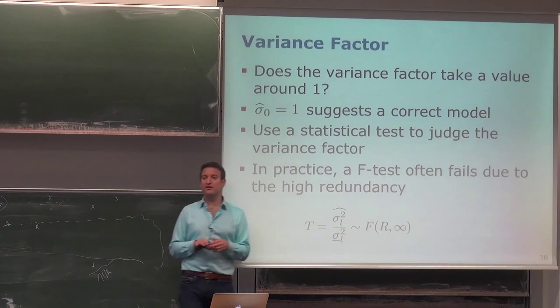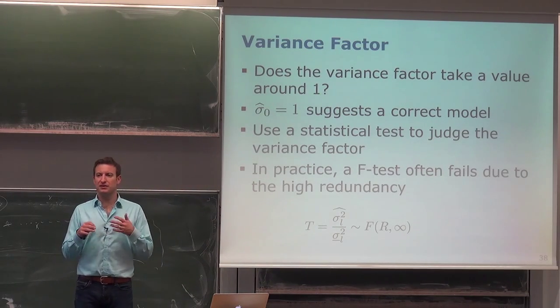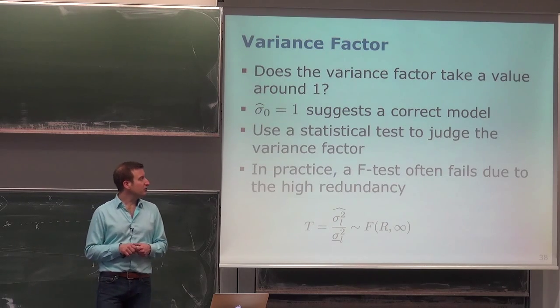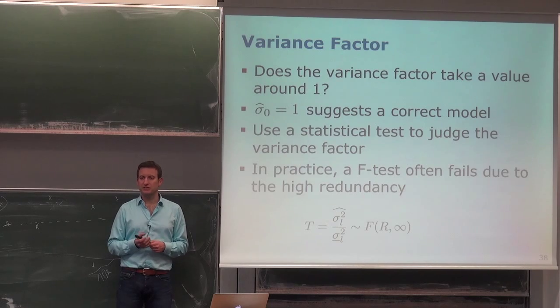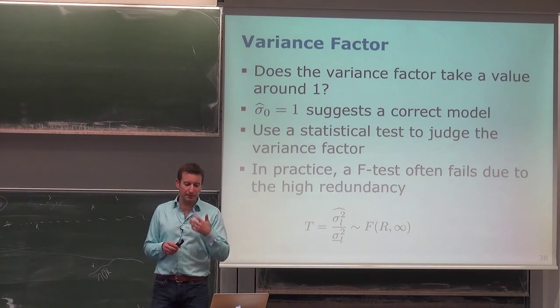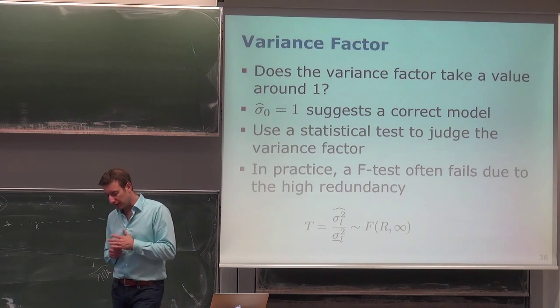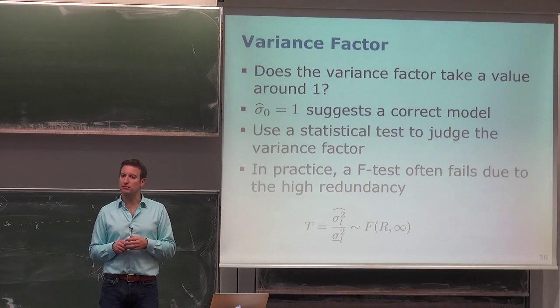If the estimate of my variance factor is around 1, it's a pretty good sign that the assumption I made in my model seems to be correct. And one of the things I can do is apply a statistical test to get an idea of how far it can deviate from 1 and still potentially be a correct estimate.